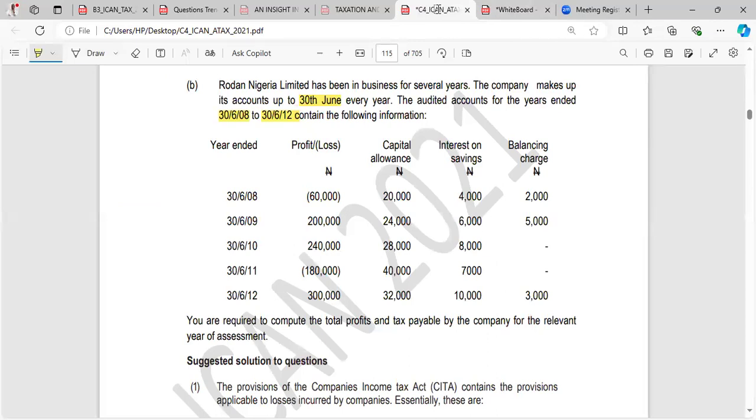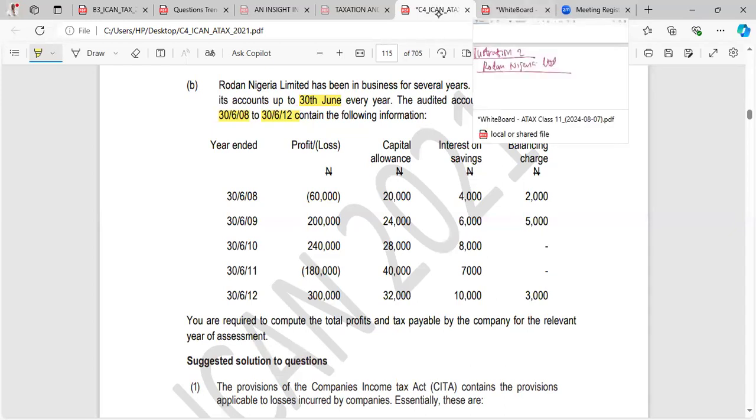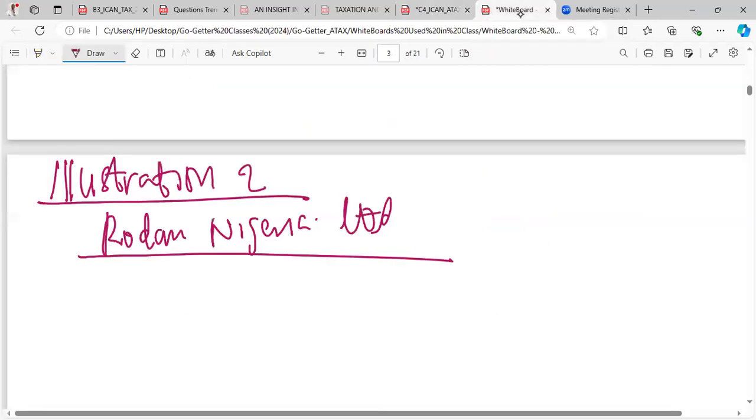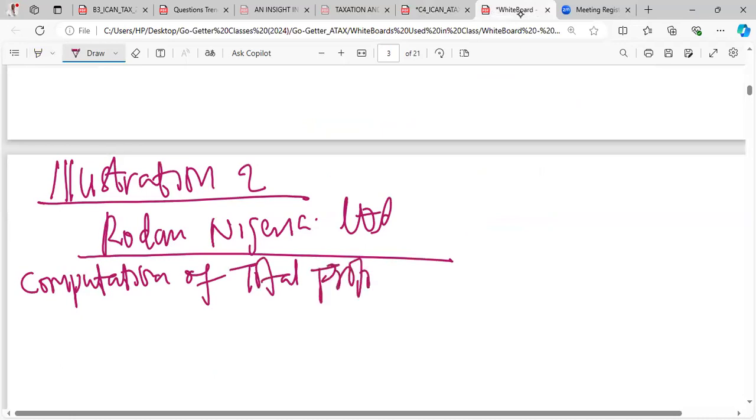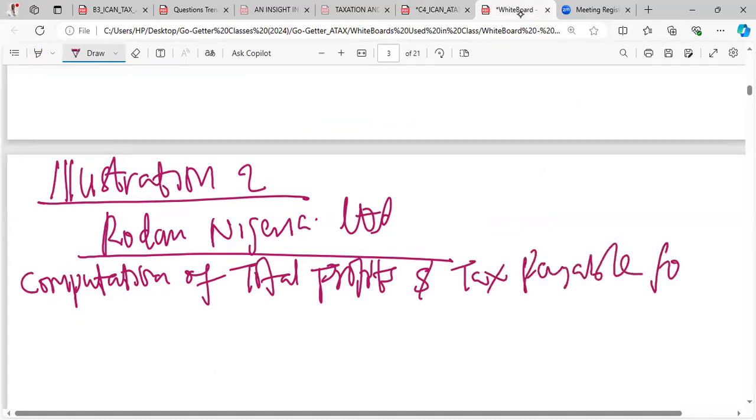Compute the total profit and tax payable by the company for the relevant year of assessment. Computation of total profit and tax payable for years of assessment.